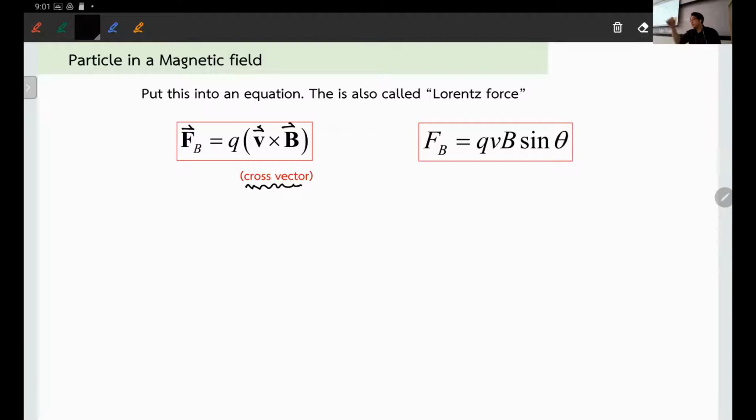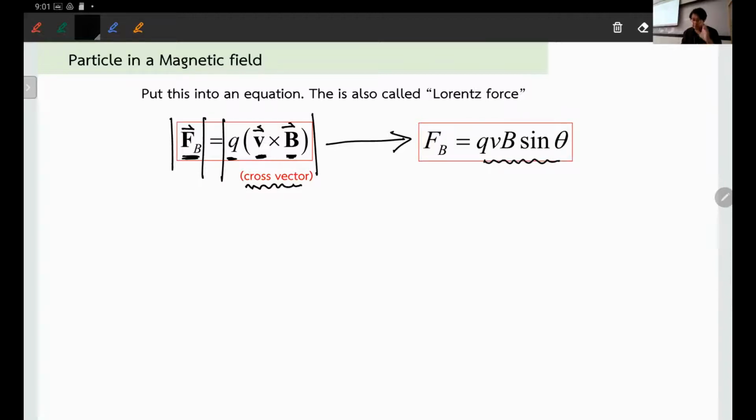The process of curving your fingers is the process of doing the cross product. And for the magnetic force, it turns out the force can be calculated from q v cross B. And if you want to find the magnitude, we take the magnitude of this. And that leads you to this. So the magnitude of this magnetic force vector can be found from this expression right here.